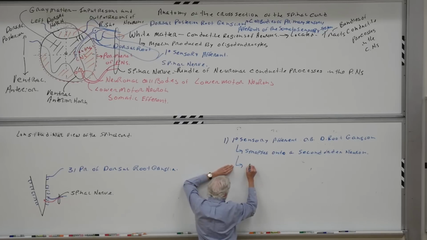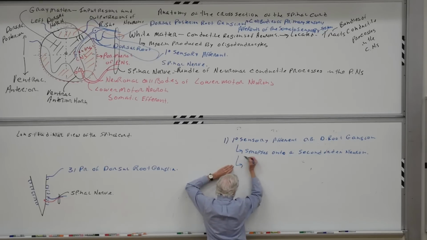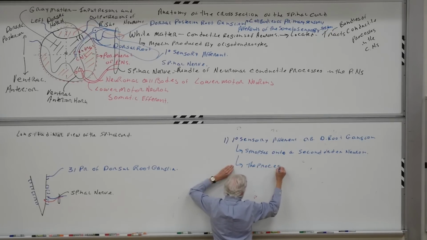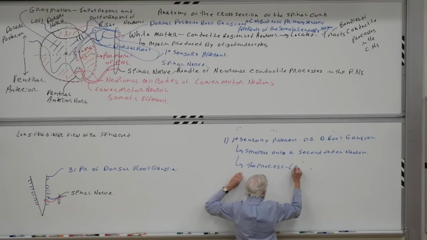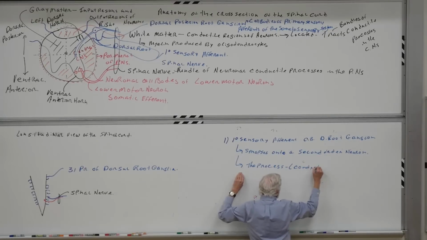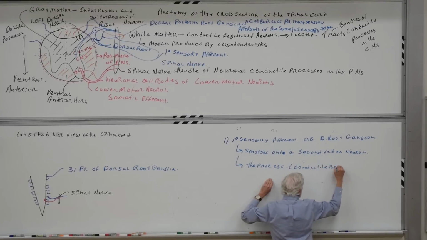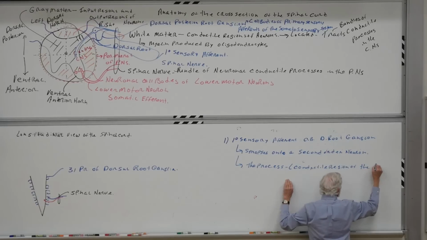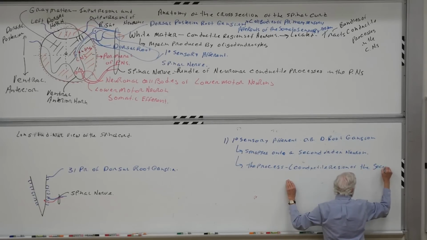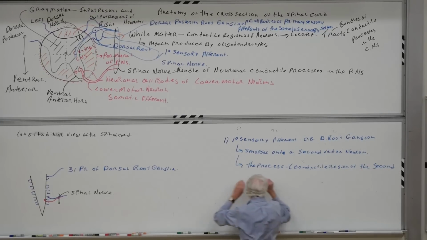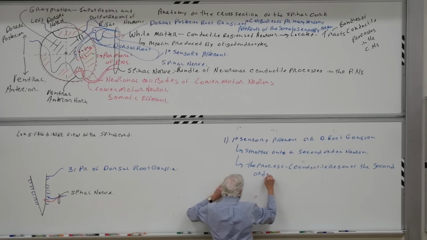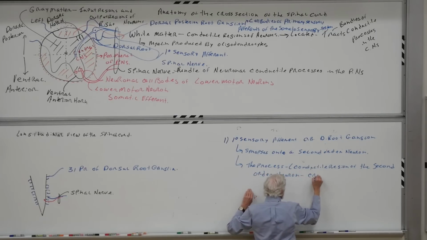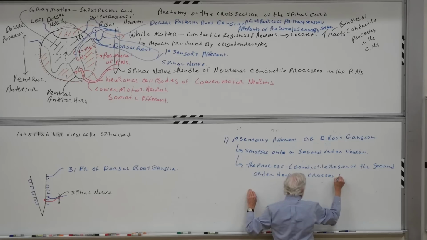The second order, I should say, the process, put in parentheses, conductile region, of the second order neuron crosses the midline.